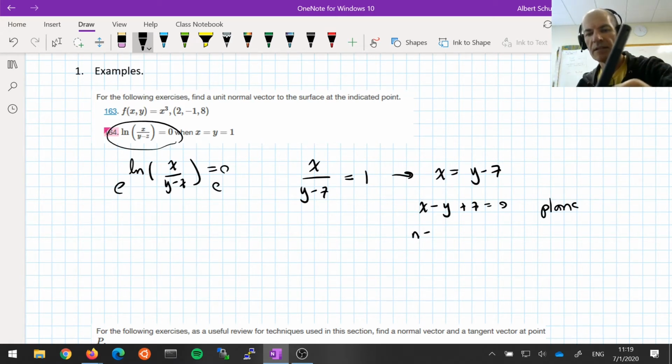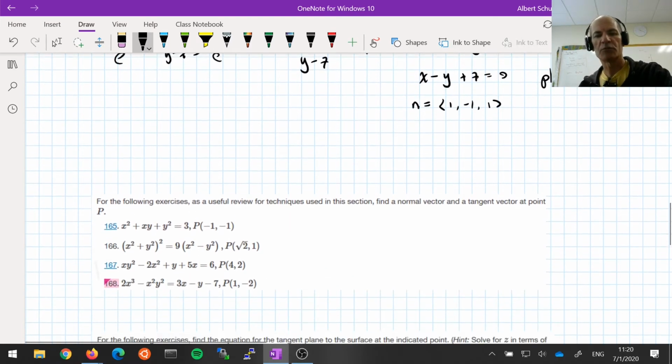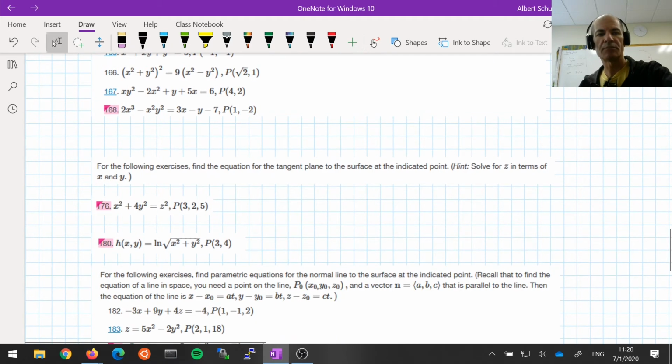And the normal vector is just pick off the coefficients, 1, minus 1, 1. So that's normal to this plane. And in fact, since the whole surface is just a plane, this vector is normal to the entire surface. Just a quick review of finding normal vectors to planes.